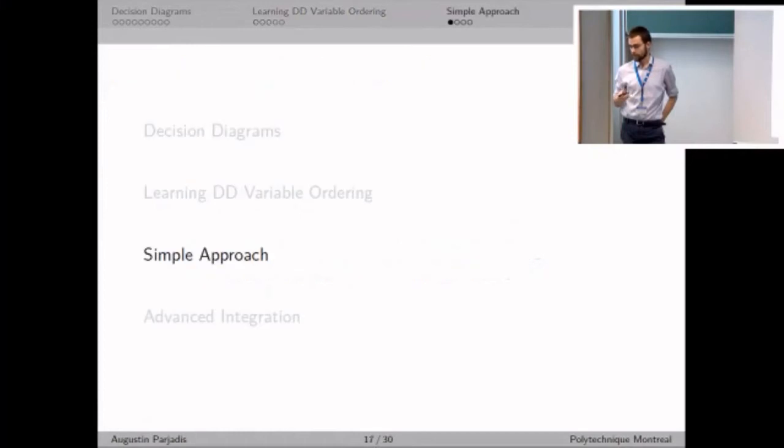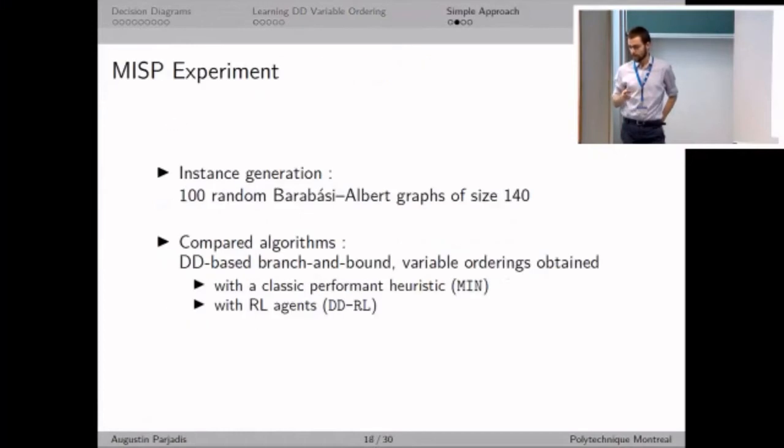This is a simple approach, and it can be studied in an experiment in which I compare two branch and bound algorithms that differ only in the way the variable ordering is obtained: either with a classic heuristic called min states, or minimum width, as we talked about earlier, or with the reinforcement learning agents.